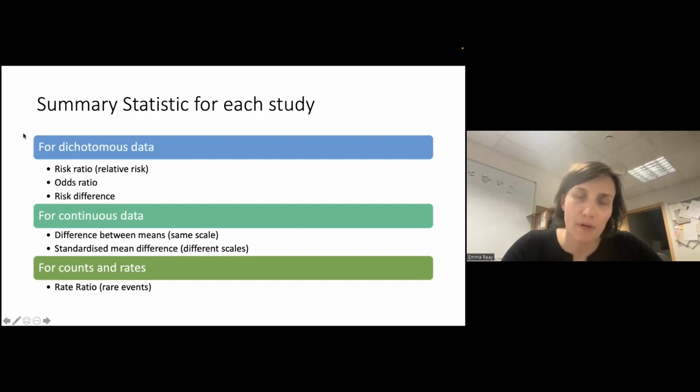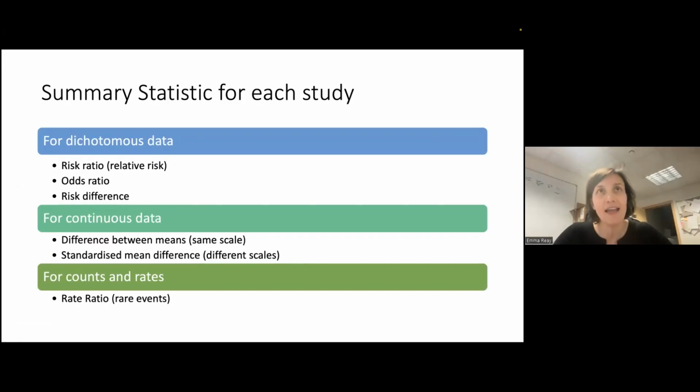So if we're talking about choosing a summary statistic for each study, it does depend what data we're looking at, and choosing a statistic is really important. I'm not a statistician by any means, so I work quite closely with a statistician when I'm designing a study to ensure that I get the most accurate plan, essentially.